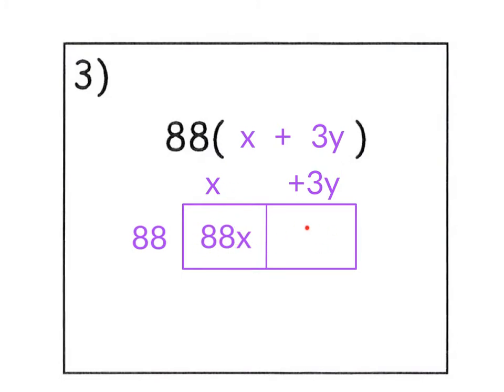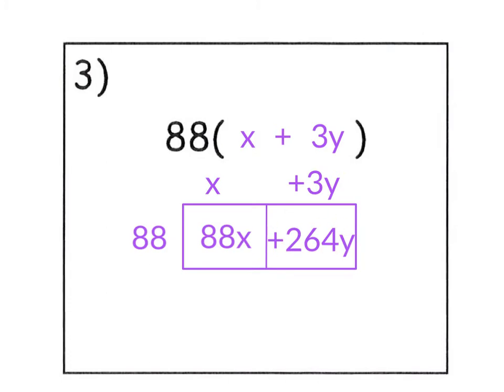Now for this next one, we need to multiply 88, which is the side, times the 3y. So 88 times the 3y is positive 264y. And again, I like to put in the plus sign here so that I remember I'm adding these two together. I look at 88x and a 264y.